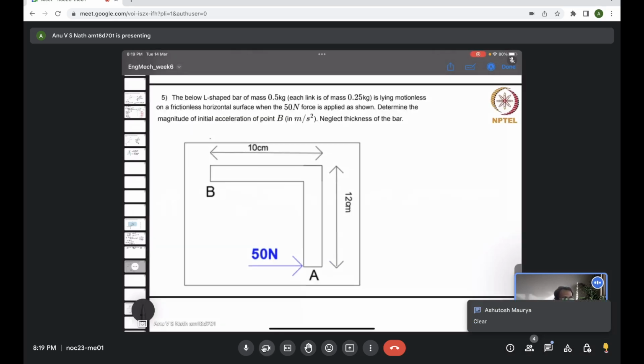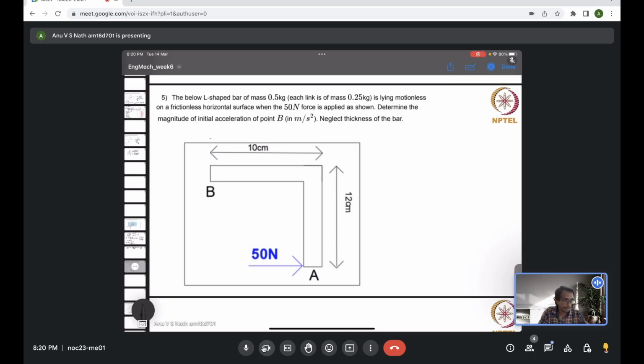So below is an L-shaped bar of mass 0.5 kilogram. Each of the links has 0.25 kilogram mass. It is lying motionless on a frictionless horizontal surface, and a 50 Newton force is applied at the corner A. Determine the magnitude of initial acceleration of point B. So neglect the thickness of the bar.